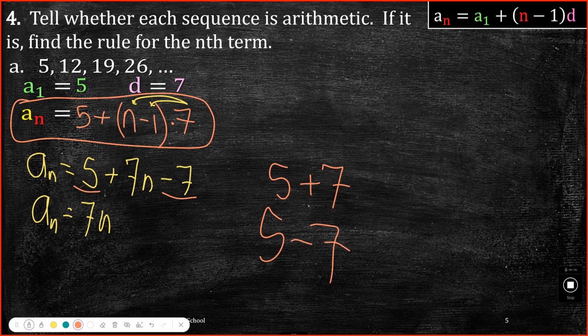You were doing this one because 5 plus 7 is 12. 5 minus 7. Somebody else said 2. The answer is negative 2.